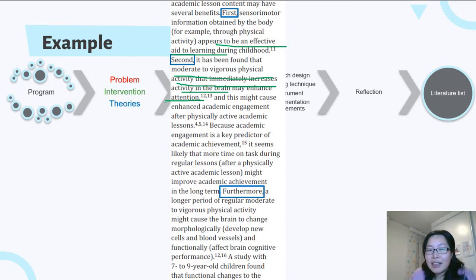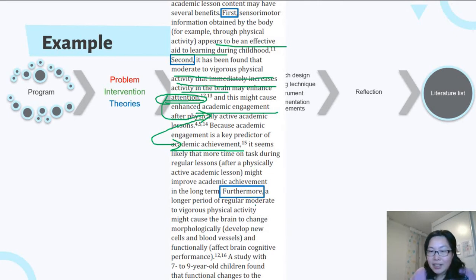And because their attention has been enhanced, the academic engagement will also be improved. And then their academic performance will also be improved. So first is attention, and then engagement, and then the academic achievement. So it's very logically organized.